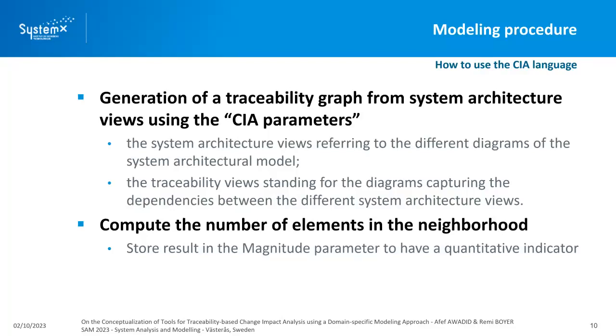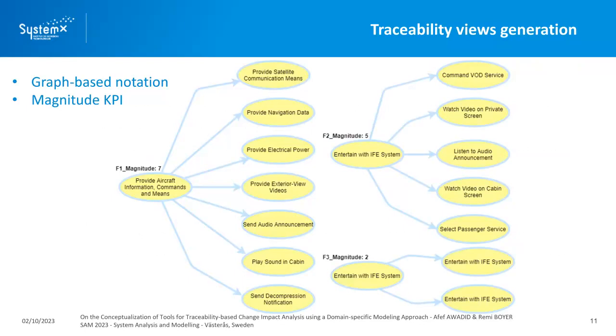And with this implementation, we generate a dependency graph. So a graph-based notation and the magnitude indicator. This traceability views generation is just a first step, but the goal is to use all the parameters to construct traceability views to create a decision support system.